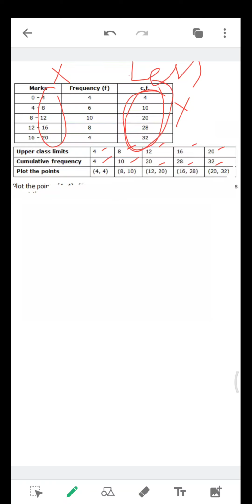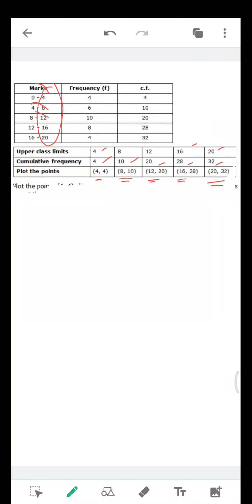Okay, and I formed the coordinates. So that is 4 comma 4 the first one, then 8 comma 10, 12 comma 20, 16 comma 28 and 20 comma 32. The most important point you need to remember here is, for less than type of frequency you must take upper limits, because I'll say less than 4, less than 8, less than 12.